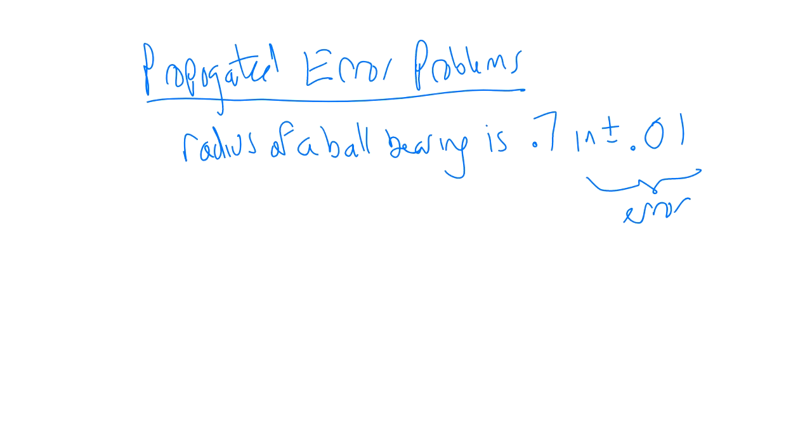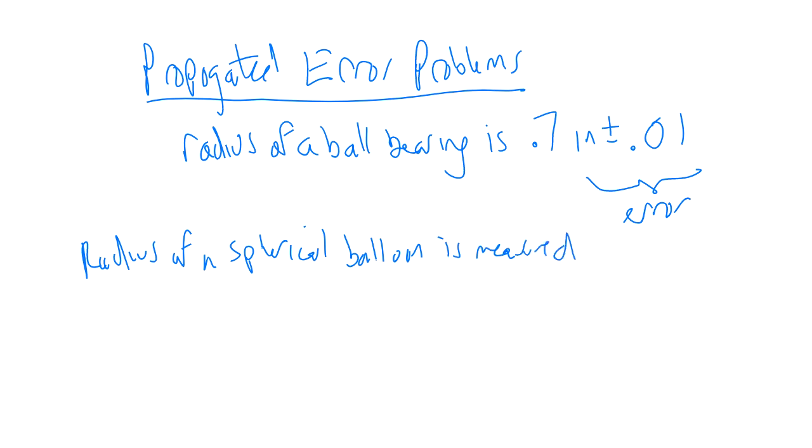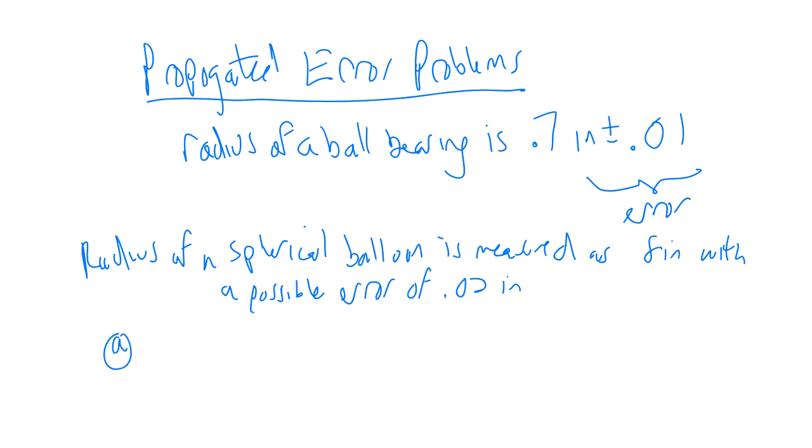The radius of a spherical balloon is measured as 8 inches with a possible error of 0.02 inches. And here's the problem. Write out the problem here, then we'll go to the next page to work it.